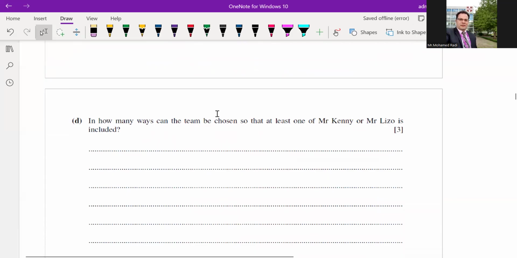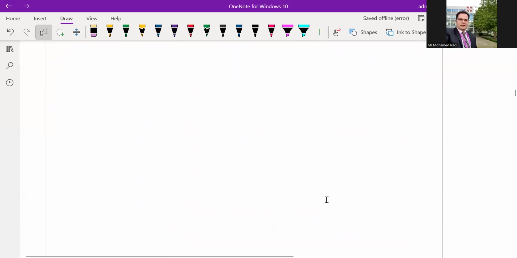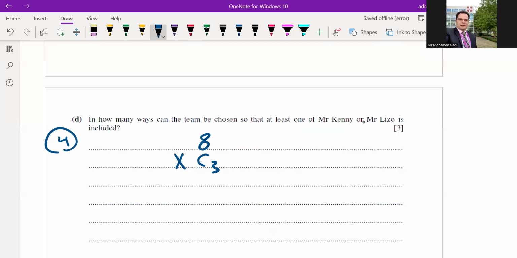Firstly, there is no restriction for the children in this part. It's written 3 children, so firstly, I will write 8C3. Now it's done for the children. What about the 4 adults out of 7? It's written at least one of them.